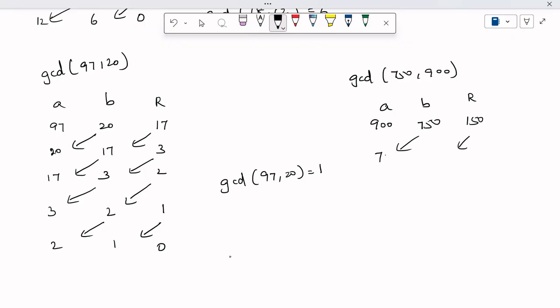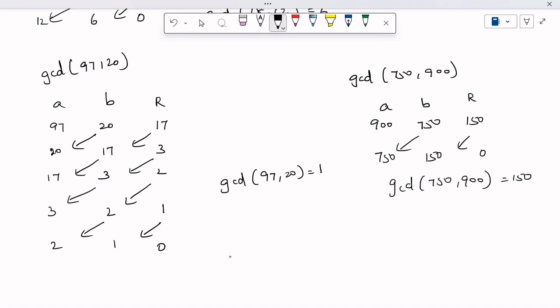Now in the second step, 750 divided by 150 gives a remainder of 0. So GCD of 750 and 900 is 150, the last non-zero remainder.